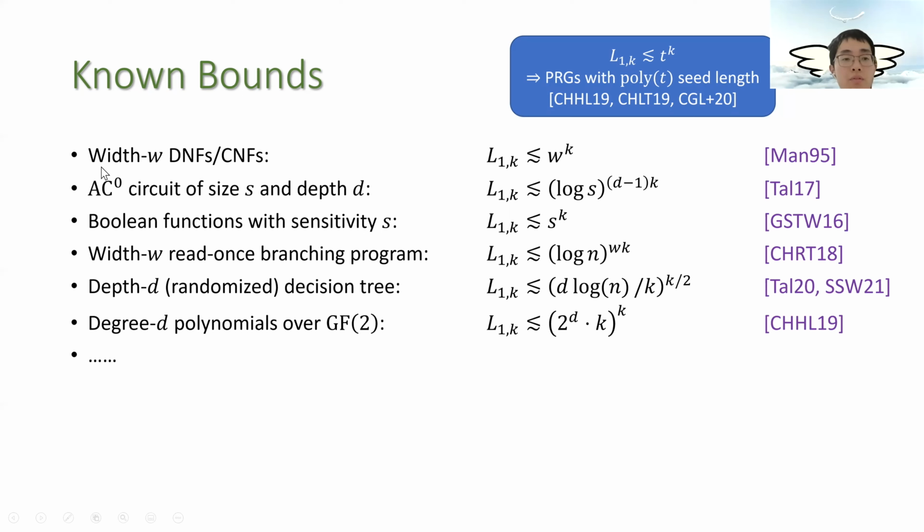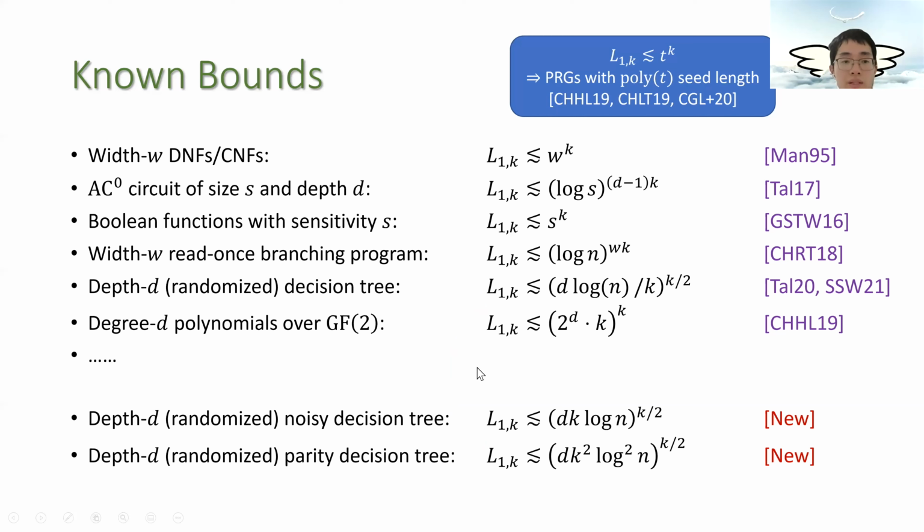For example, for small width DNFs and CNFs, for AC0 circuits of small size and low depth, for low sensitivity Boolean functions, for small width read-once branching programs, for small depth randomized decision trees, and for low degree F2 polynomials. In our work, we extend the Fourier growth bounds to low depth noisy and parity decision trees.